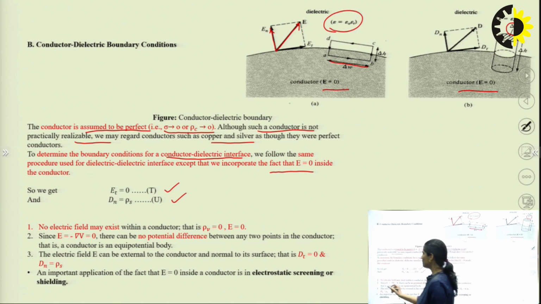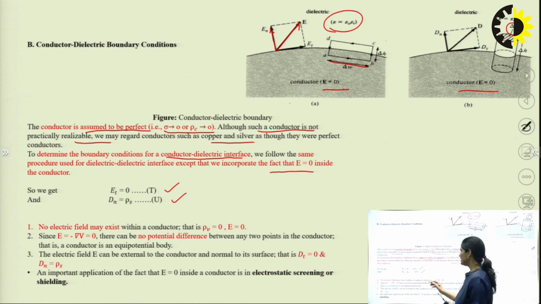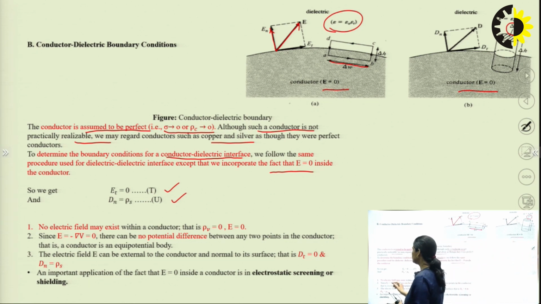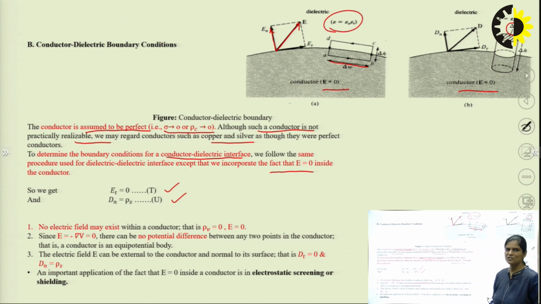Now you should remember these three points. No electric field may exist within a conductor, which means rho v is equal to 0 and E is equal to 0. And since E is equal to minus del V is equal to 0, it means no potential difference between any two points in the conductor. It means the conductor is an equipotential body.